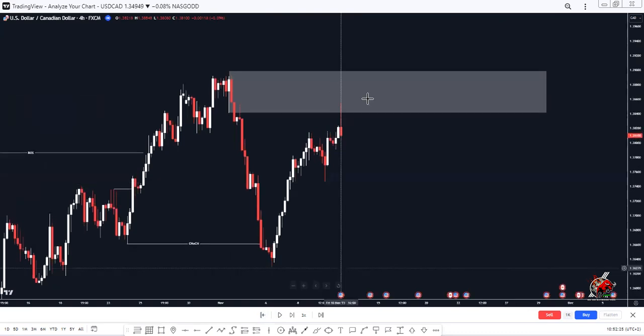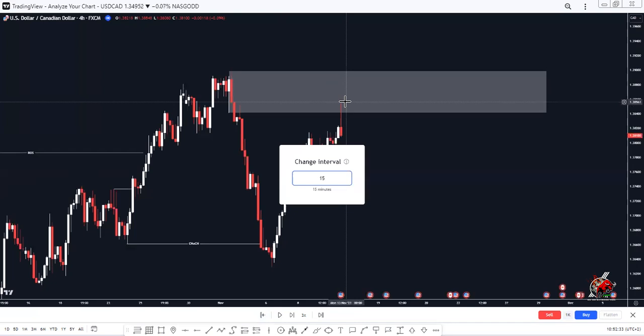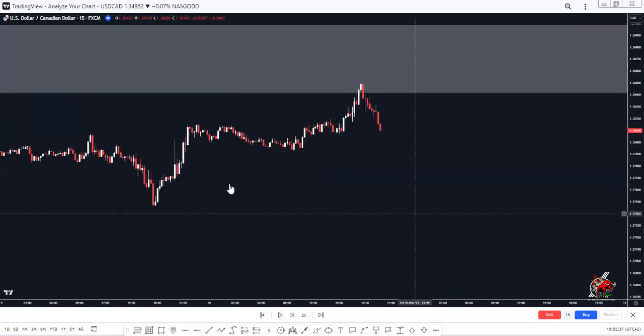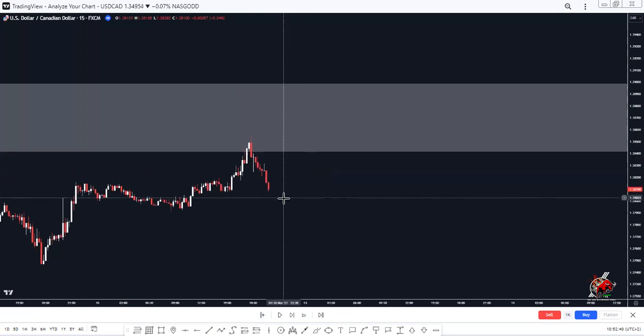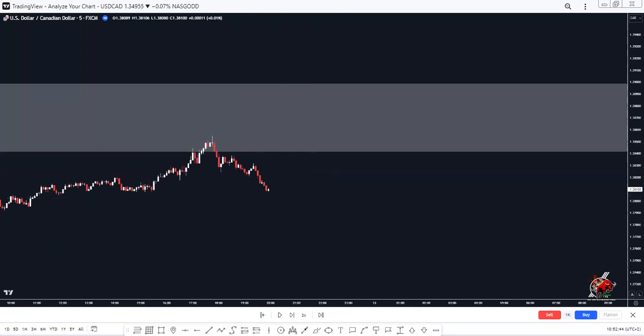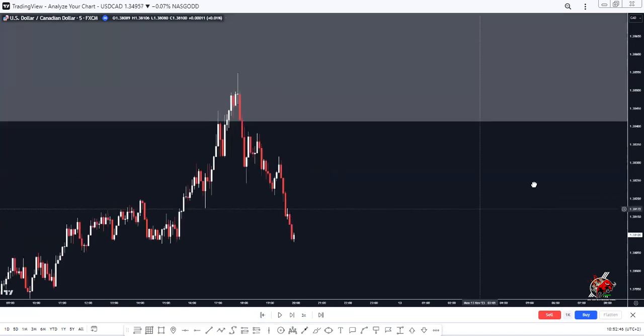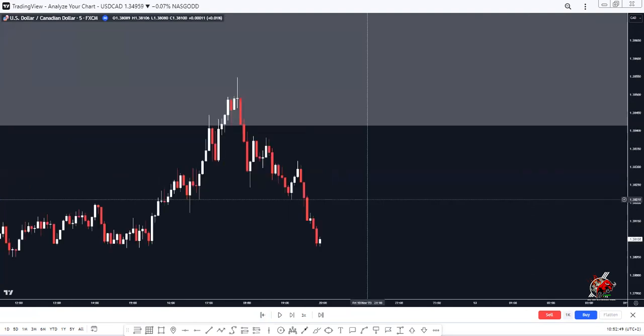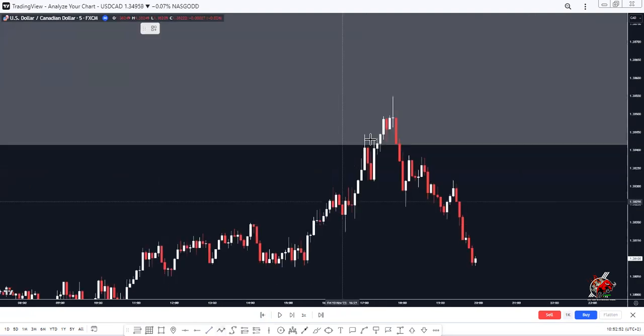Once the market taps on the order block that you marked, you go all the way down to 15 minutes. Once you see something that's not that clear, we go to 5 minutes, and on 5 minutes, this is what you do, guys.